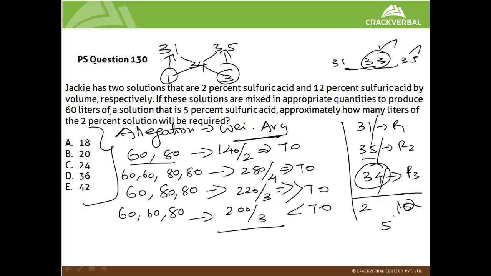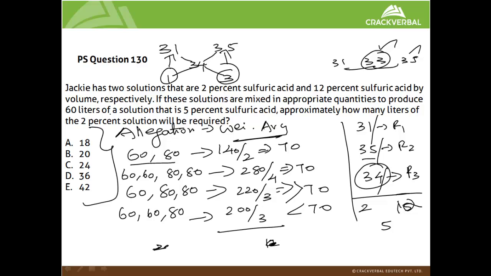If you look at it, the exact middle value between 2 and 12 would be 7. 2 plus 12 divided by 2 would exactly be 7. But 5 is given as the resultant solution. So that means more of the 2% solution would have been mixed here.